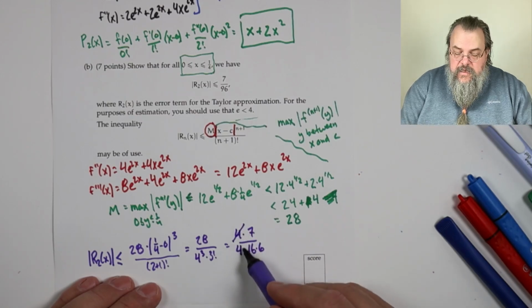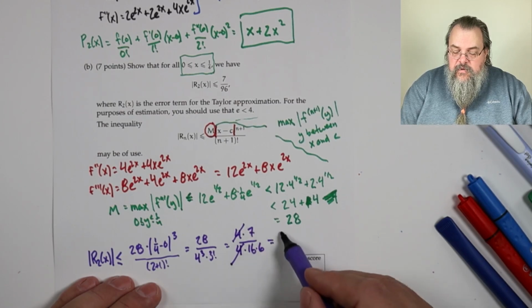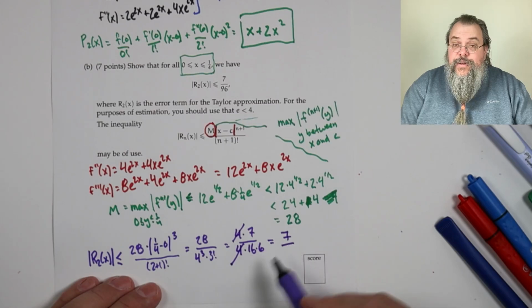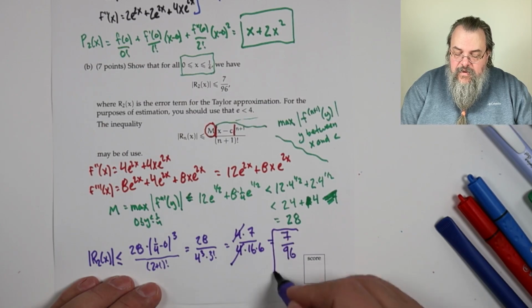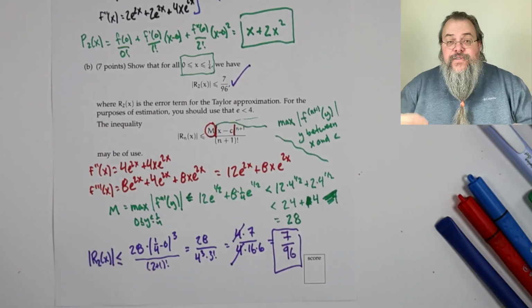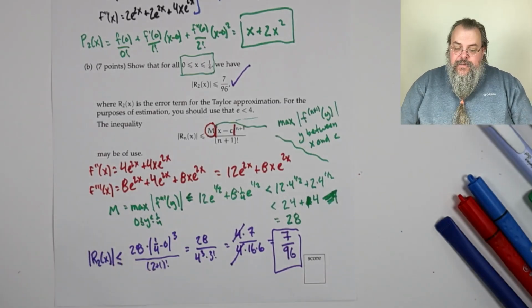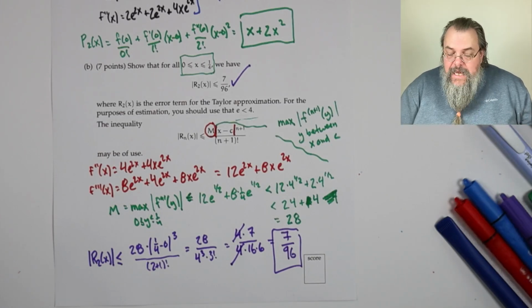The 4's cancel. And then what do we see? Well, we see 7 upstairs, and 16 times 6 is 96. Exactly what we have. So we were asked to show that our error is bounded by 7 over 96, and that's the work.